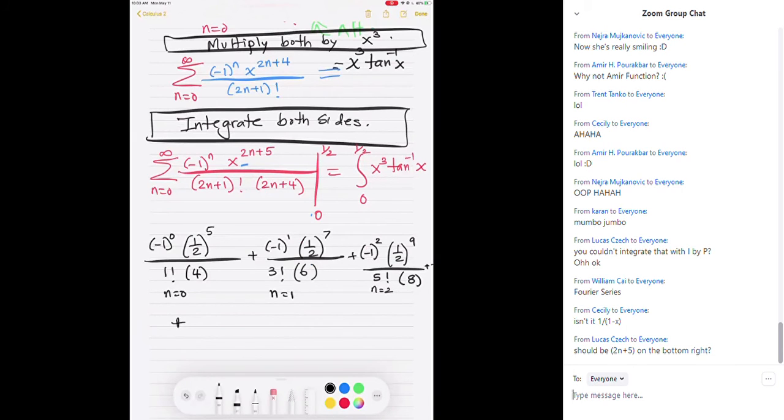Maybe I should write one more. And this is n equals 3. So this will be half to the 11 over, this is n equals 3, so 7 factorial, and 3 is 6 times 10.